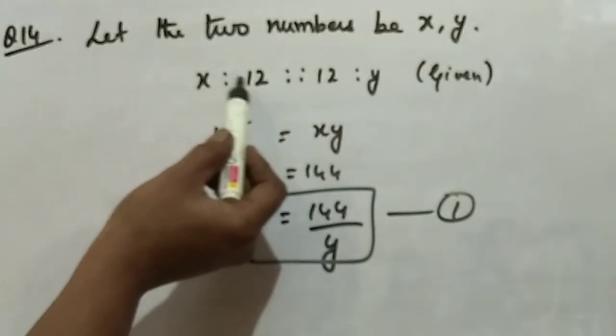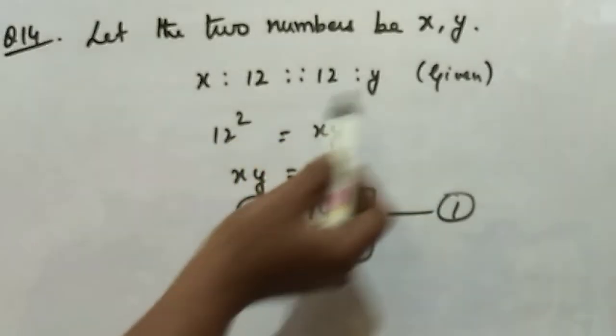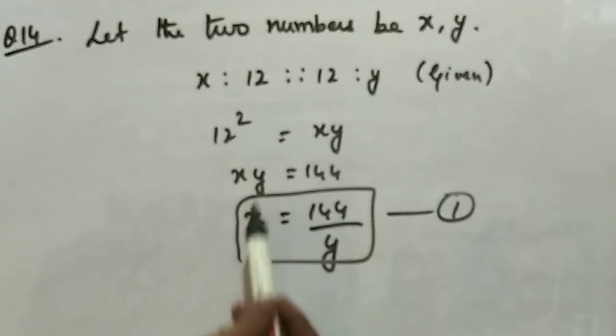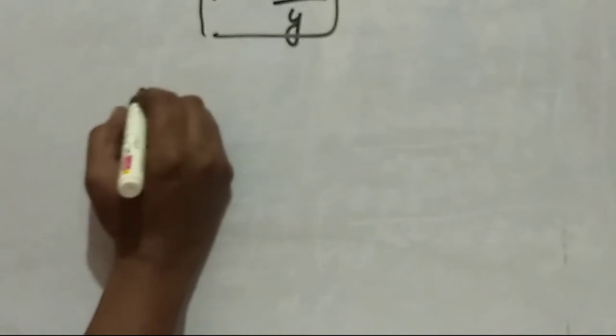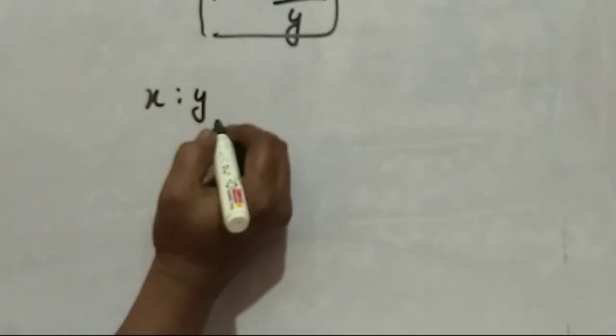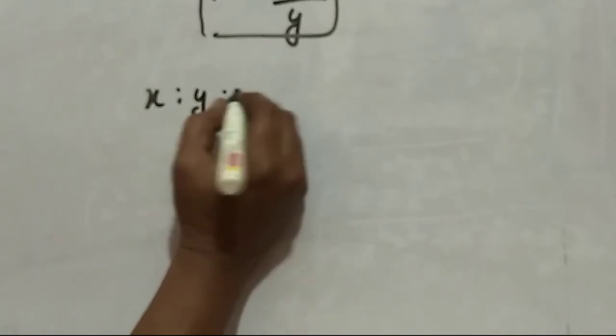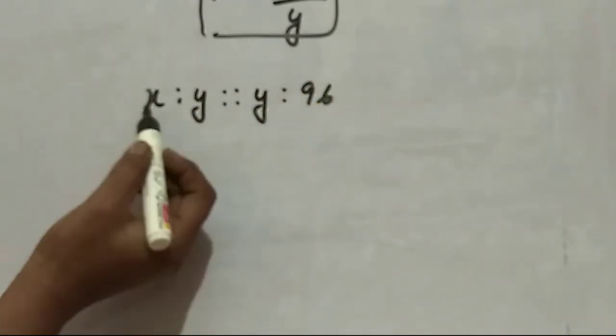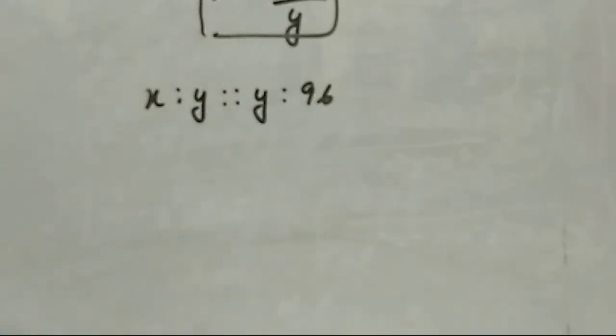So x ratio 12 equals 12 ratio y, and you get xy is equal to 12 squared and x is equal to 144 upon y. And second, 96 is the third proportional. So you write x ratio y, y ratio 96, A, B and C.